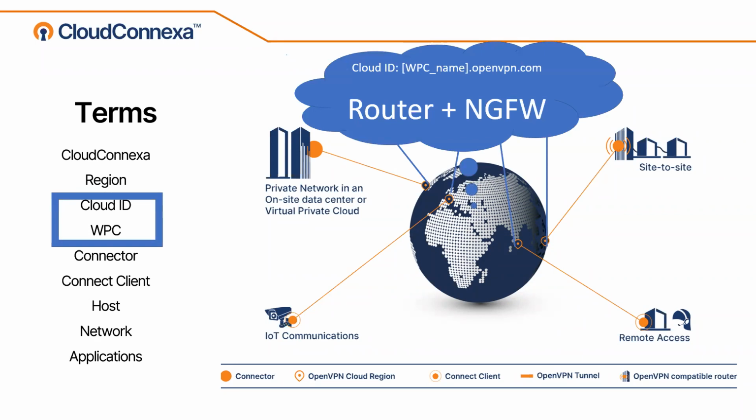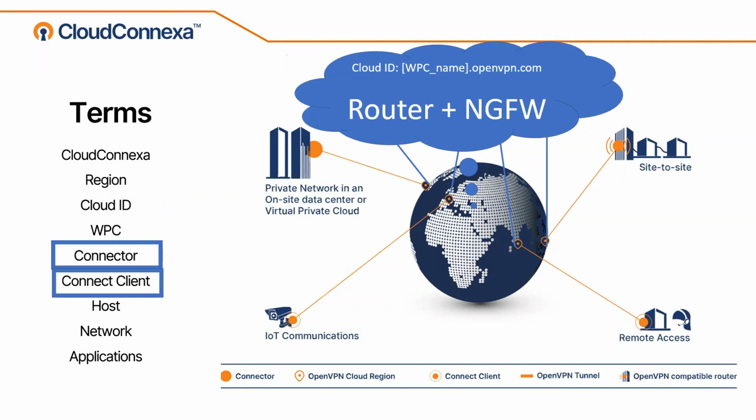Now, for this webinar, you can simply think about your CloudConnexa WPC, which again is identified as the cloud ID, as a kind of virtual distributed router and a powerful next generation firewall, which are out there in the cloud and is meant only for your use, with the 30 plus worldwide regions as your virtual ports of this router.